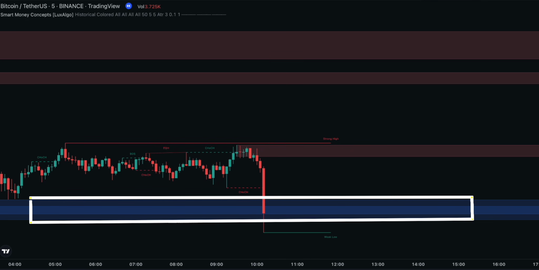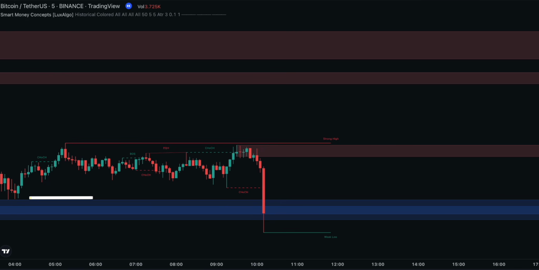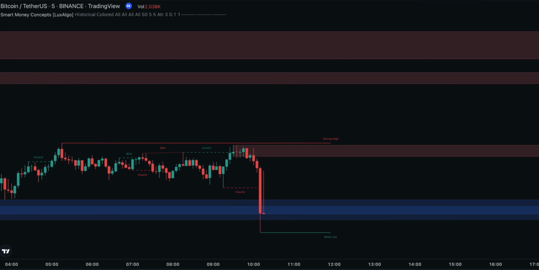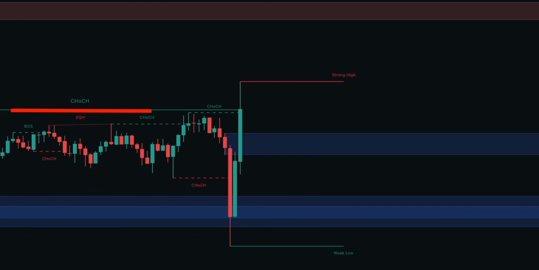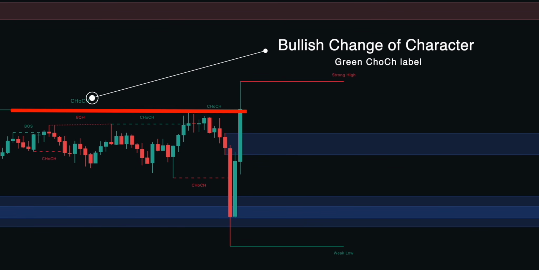The second component of the Smart Money Concepts Indicator are the labels displayed on the chart. Let's explain how they work. When the price breaks above the most recent swing high for the first time, the indicator marks it as a bullish change of character.